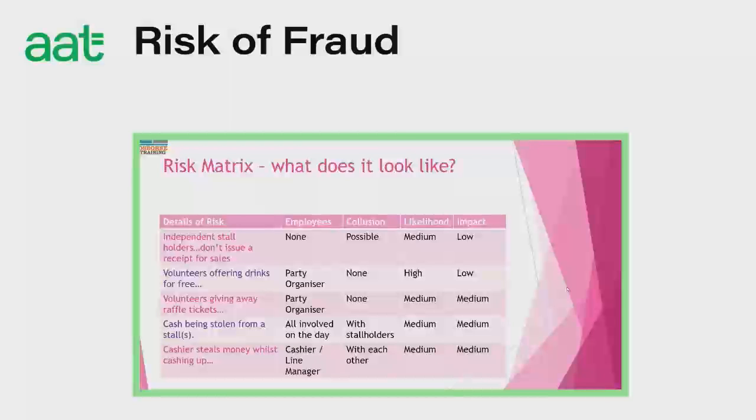So you can see we've got the detail of the risk in the first column, whether any employees or not might potentially be involved, who they might be in collusion with. And then you can see how we've summarised the likelihood and the impact of each of those risks happening.